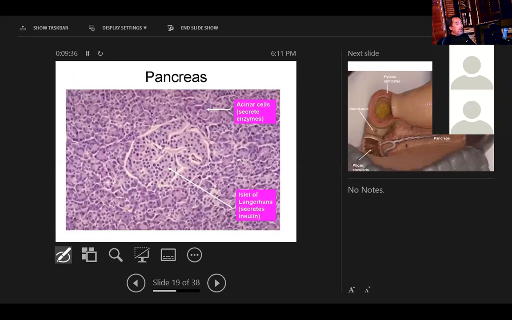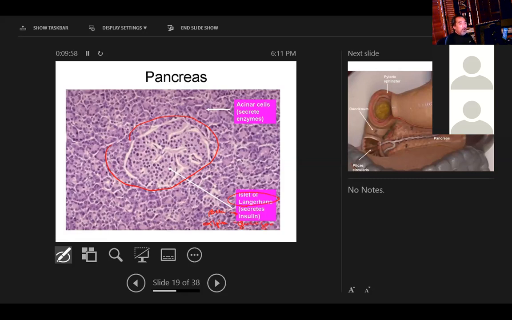This is what it looks like inside a cellular pancreas. This structure looks like an island. That is called the islet of Langerhans. So the islet of Langerhans, specifically the beta cells, secrete insulin, and the alpha cells secrete what you call glucagon.